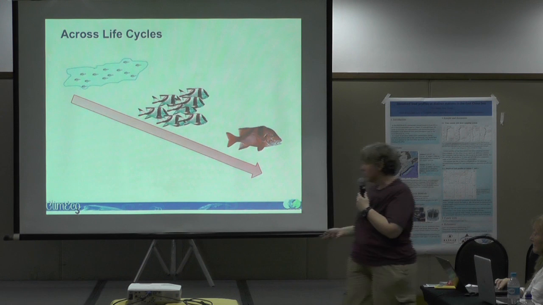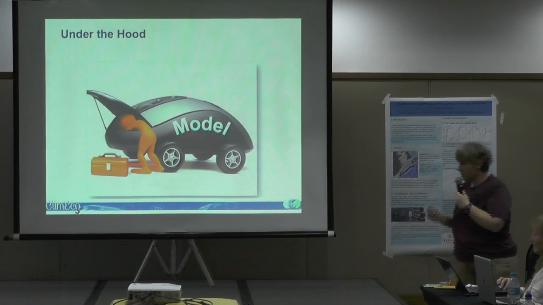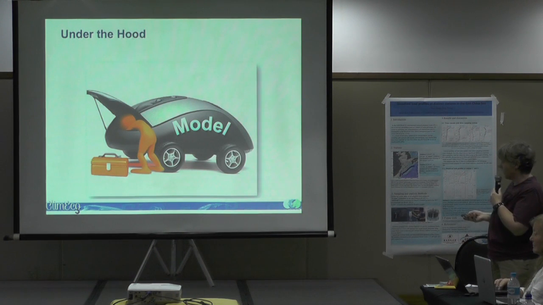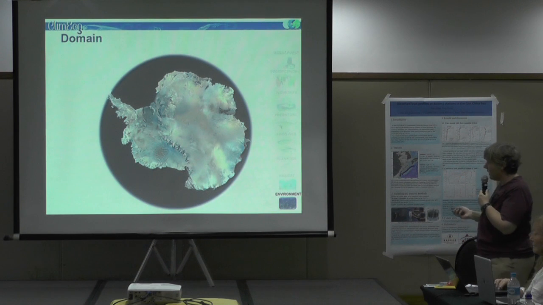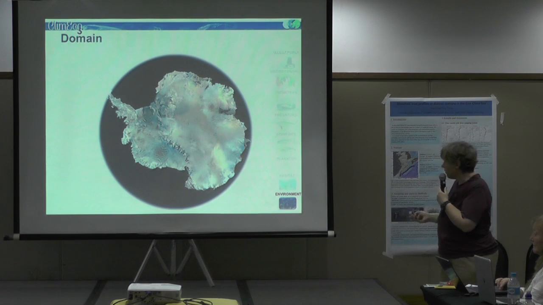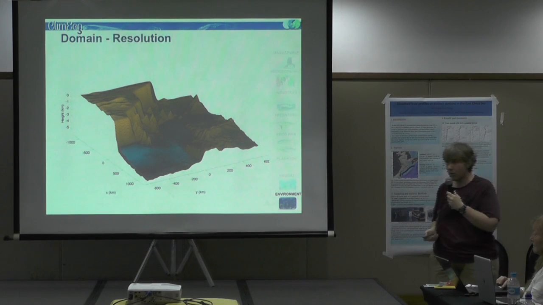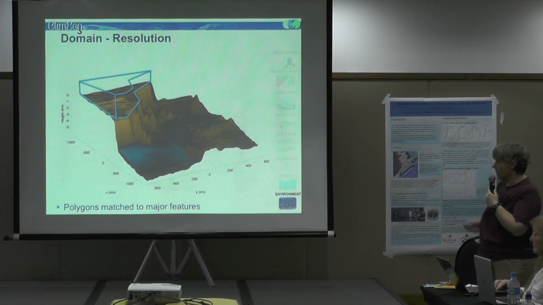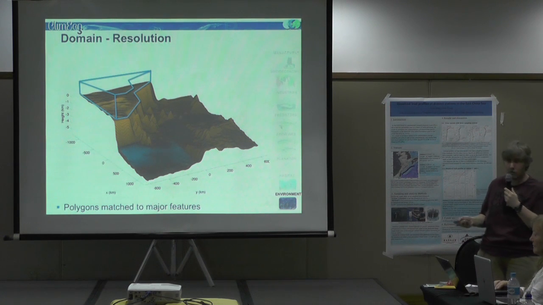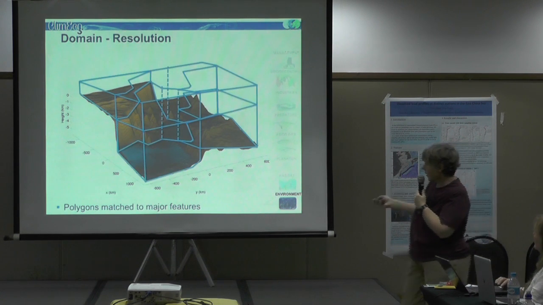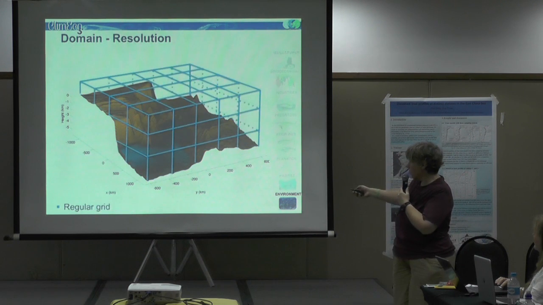at different spots. So what does one of these kind of models look like under the hood, as they would say in Australia? So if we pick Antarctica as our domain of interest, and we're going to zoom in on one little spot, you get the bathymetry of the area and you think about how you're going to break up that space. So are you going to represent it with polygons matched to the major features? Or are you actually going to pull that out across the surface, or are you going to use a grid?